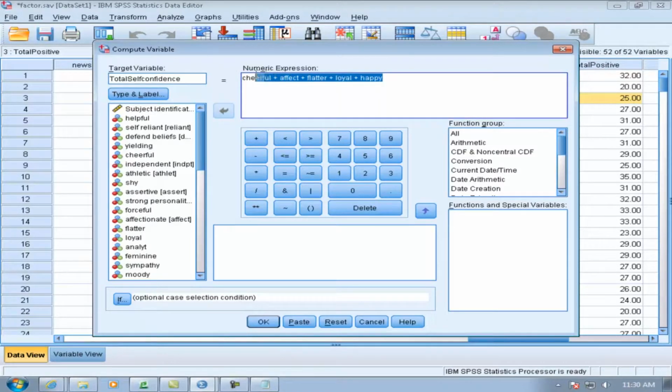Ego strength. See, ego strength. There's another better word than that. Let's see. Self. Okay. Now, this is 4, right? Factor 4. Okay. Which one's low on factor 4?